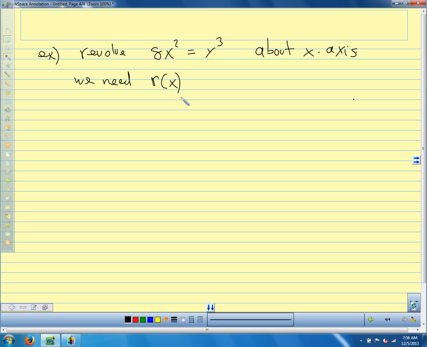So in this case, what are we going to do here? Divide by 8, take the square root. So we're solving for x. Do we want to solve for x? We want to solve for y. So we want a function of x.